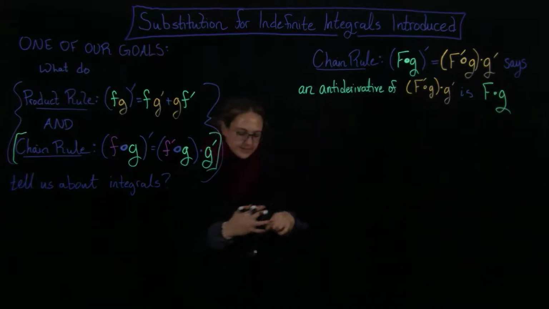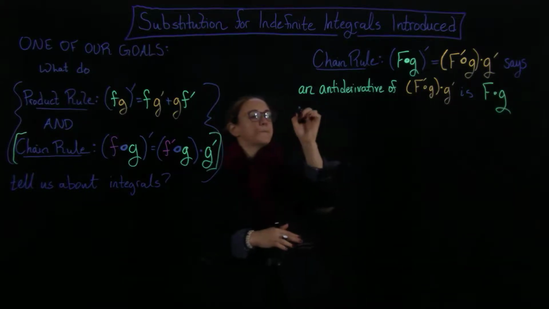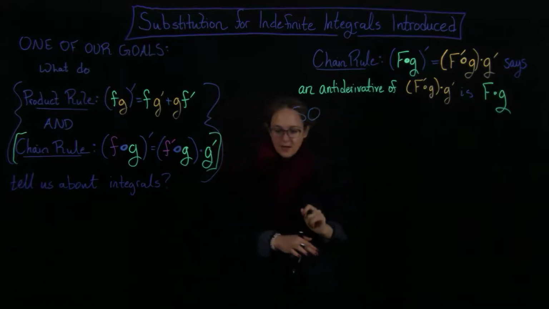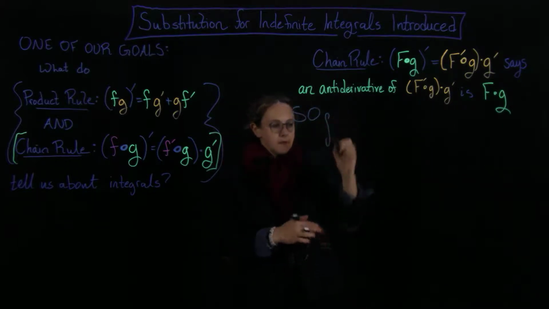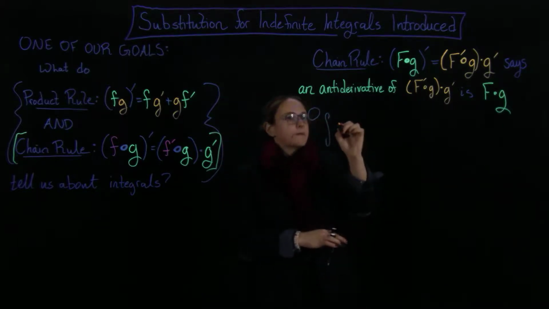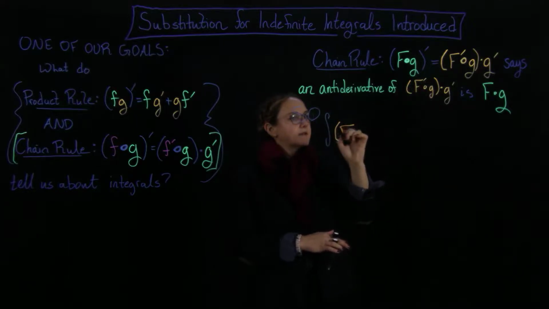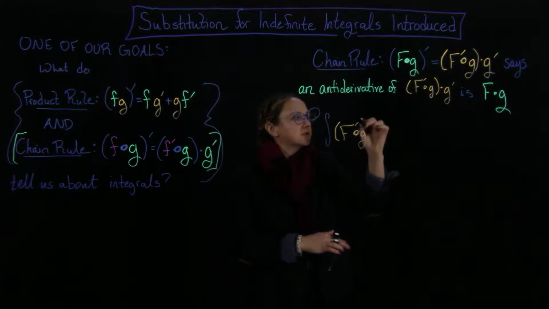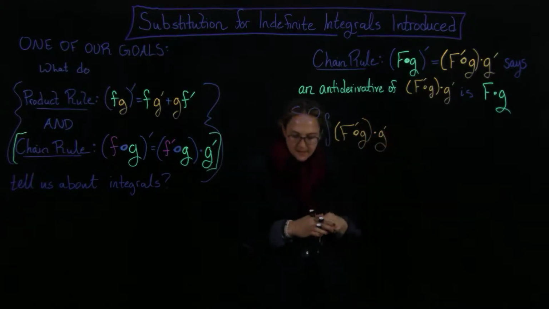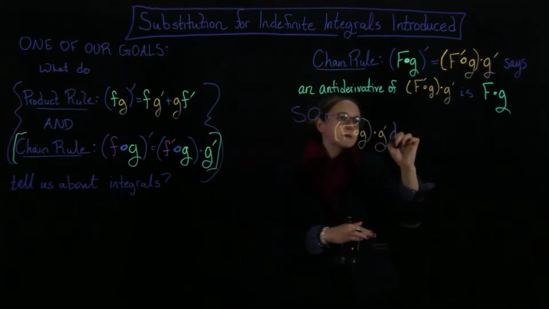So what does that tell me? So that tells me that I'm going to have the integral of, and I'm looking at this critter right here, so I have F prime function composition of G multiplied by G prime, and then let's just suppose it's dx.